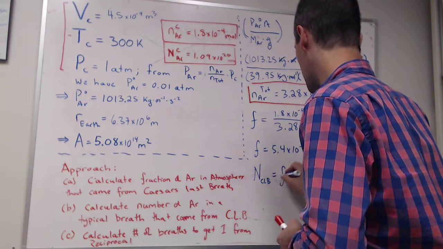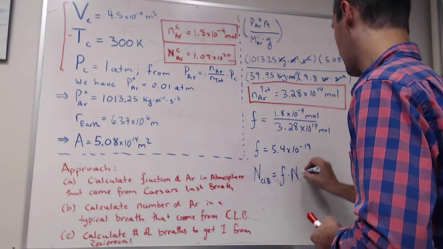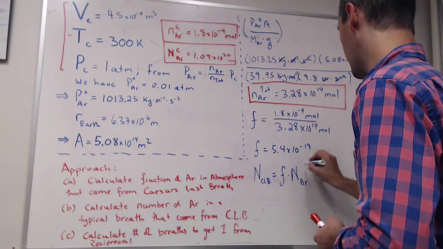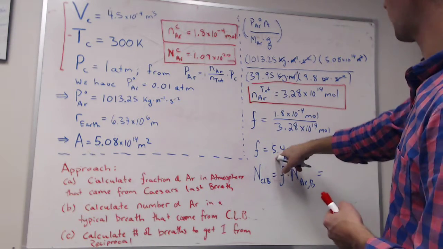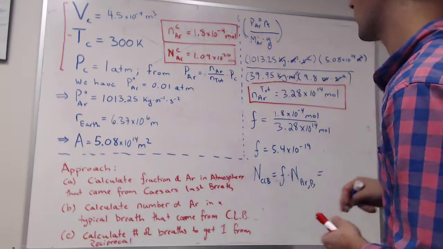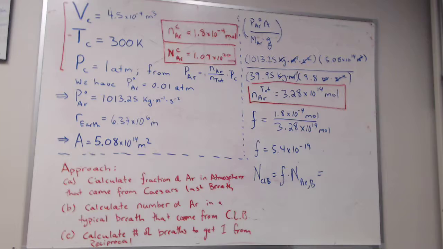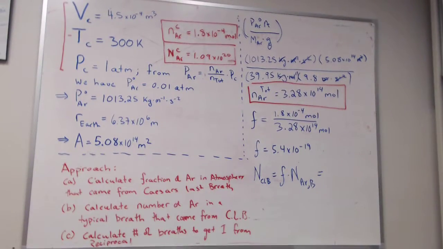Okay? So then basically what I'll write is the number of argon atoms from Caesar's last breath is going to be equal to the fraction times the number of argon atoms in a breath, right? And so that's going to be this number, 5.4 times 10 to the minus 19 times 1.09 times 10 to the 20, okay? So go ahead and crunch that number while I do the same.